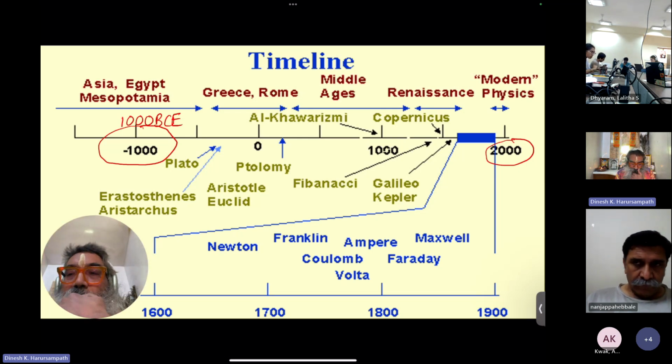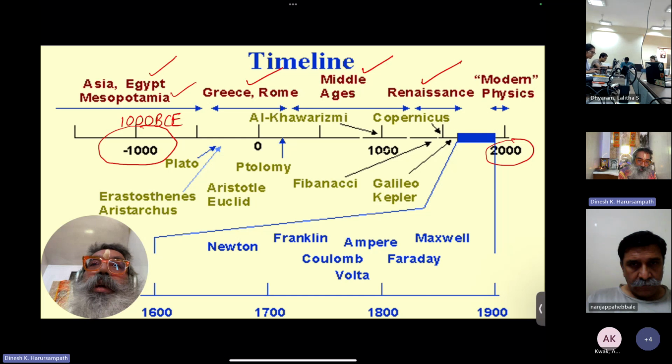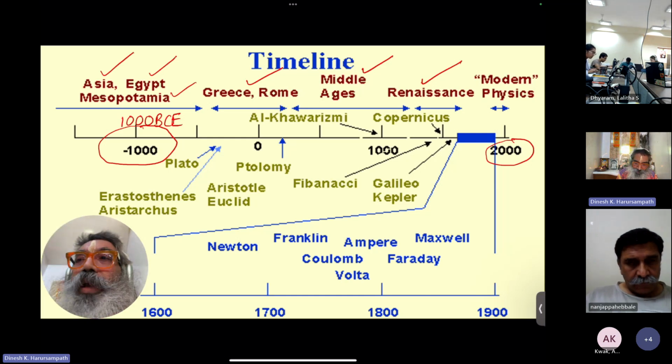And in this, you see that in green you have the mention of quite a few people from the Renaissance period, and then going back to the Middle Ages and eventually Greece and Rome. Hardly anything is mentioned in terms of actual names for Egypt, Mesopotamia, and Asia, which were the most ancient civilizations of humanity.